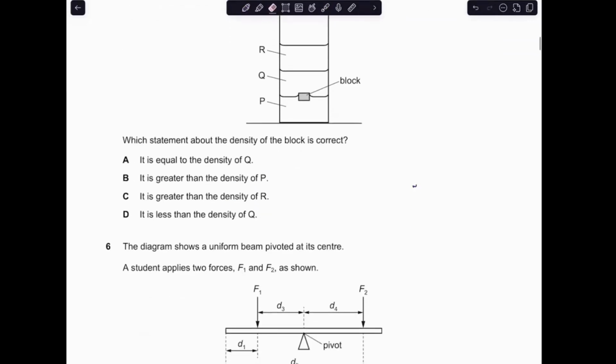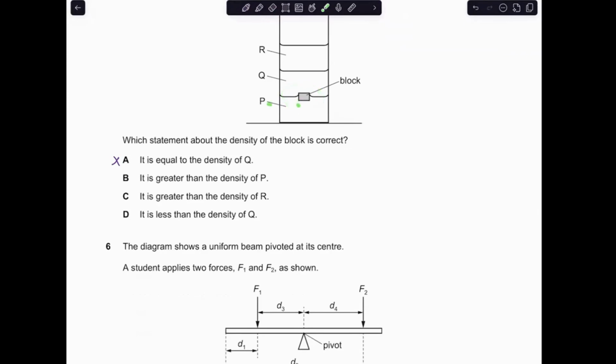And then it is greater than the density of P. Is that right or wrong? So it's water settling in P. So if it's kind of floating there, what is that telling us?